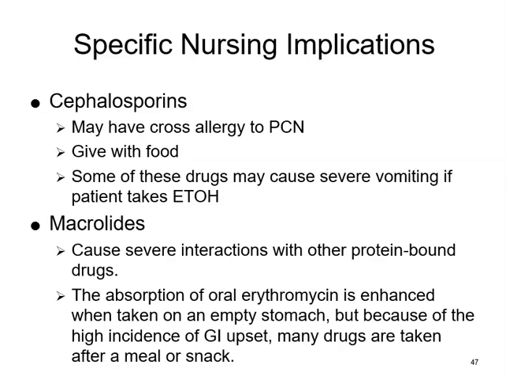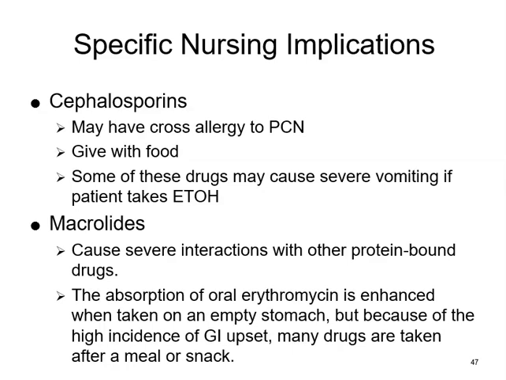So our cephalosporins like cephalexin, metronidazole, which we'll talk about in our part 2, and Bactrim can cause it. So basically, if the patient takes alcohol with those, it can cause flushing, headache, nausea, vomiting, and fast heart rate. So severe vomiting may happen.